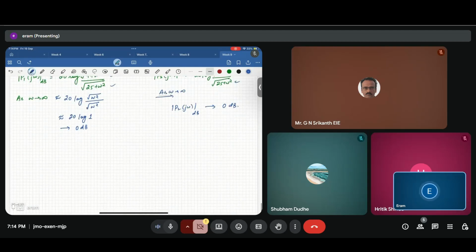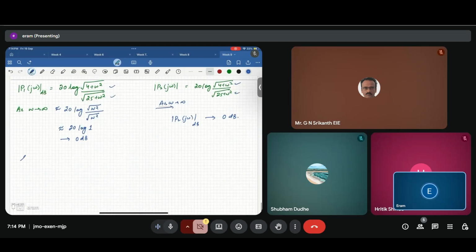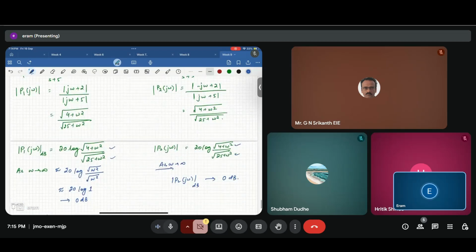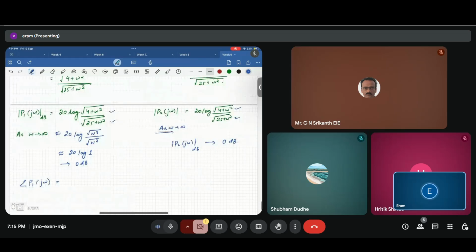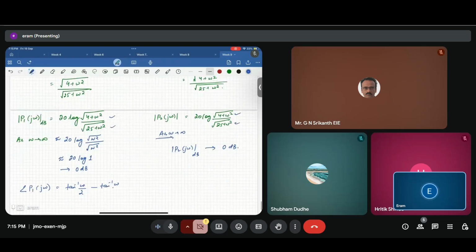So let's see the phases of these two transfer functions. The phase of P1 will be nothing but, let's see what transfer function we have, the tan inverse of omega by 2 minus tan inverse of omega by 5.